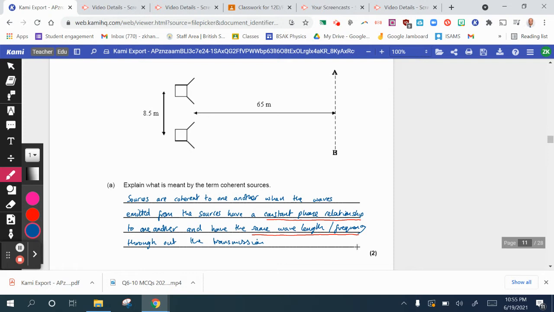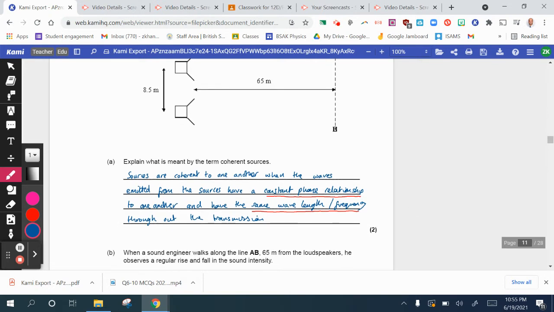So both of these have the same frequency or wavelength, and they have a constant phase relationship between each other. So one wave is continuously the same amount out of phase as the other one. And those are the two conditions for coherence.